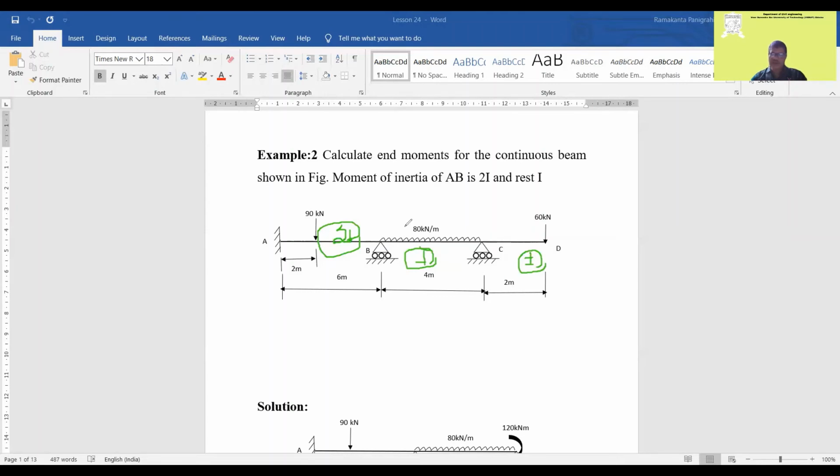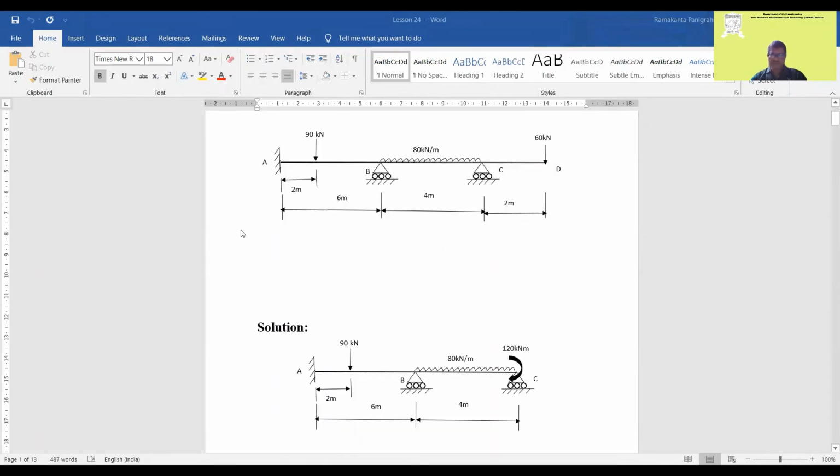We can make it equivalent like this. So 60 into 2 is 120, that means instead of the overhanging part, there is a moment applied at joint C. We are talking about the P matrix.